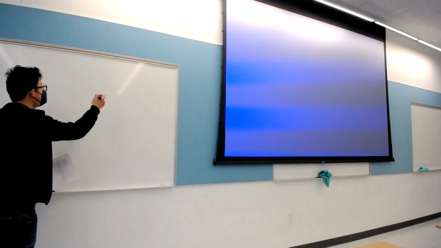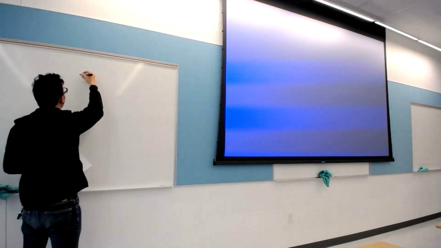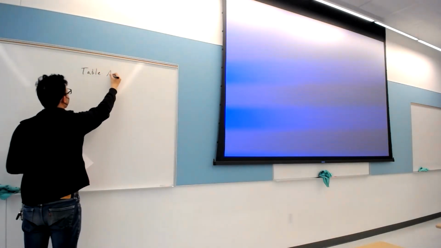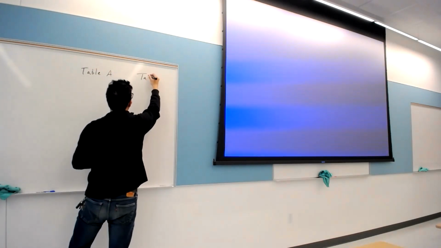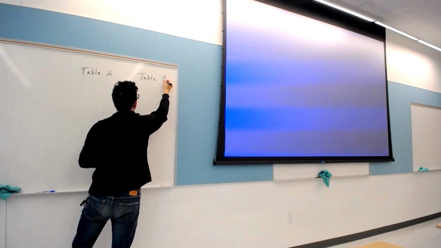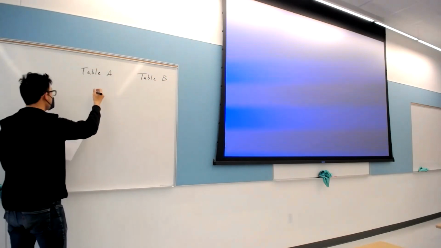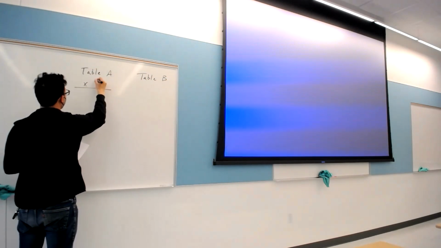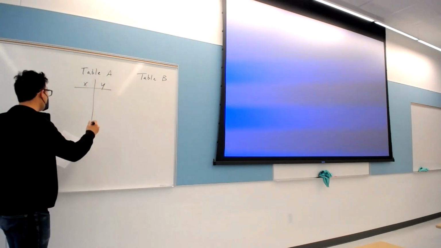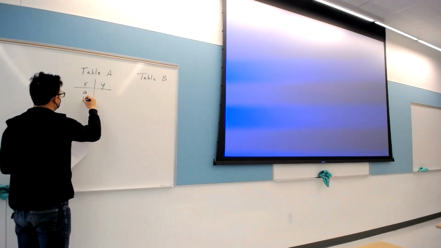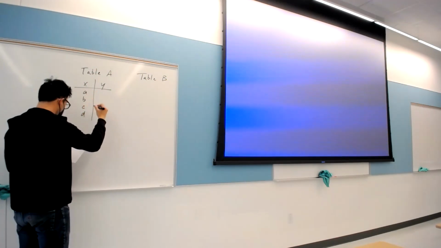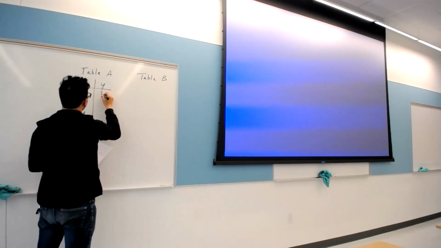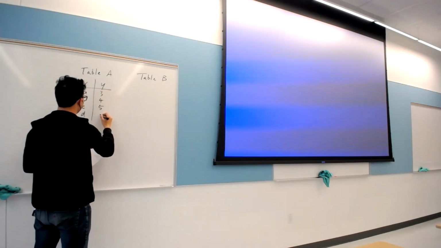Okay, so the first thing I want to talk about is merging or joins. So let's suppose we have a table with two columns, X and Y, and let's just say A, B, C, D, and here we'll have 3, 4, 5, 6.